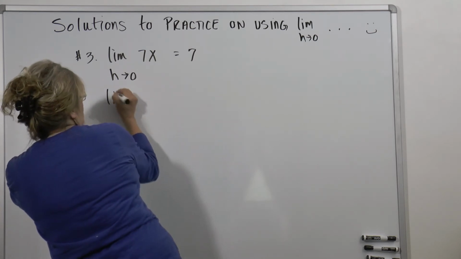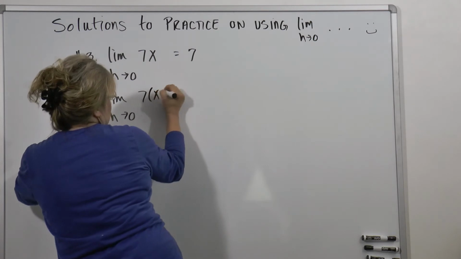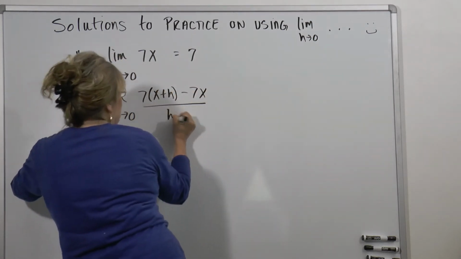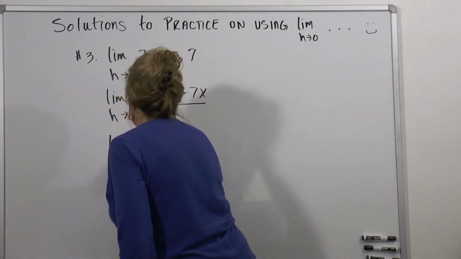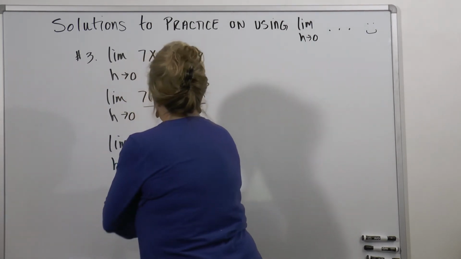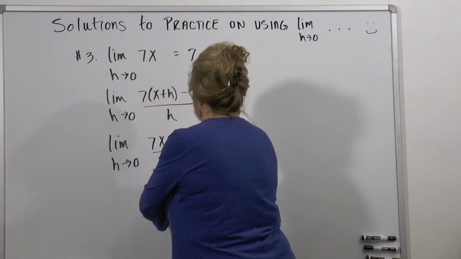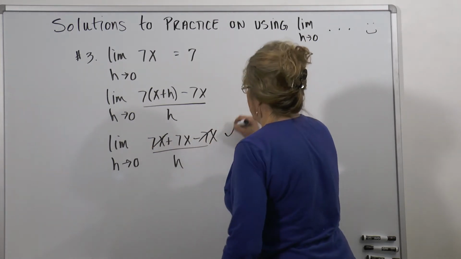So the limit as h approaches 0 of 7 times x plus h minus 7x, whole thing over h. Okay, we'll distribute our 7. So we have 7x plus 7h minus 7x over h. Those two are going to cancel, so we're in good shape.